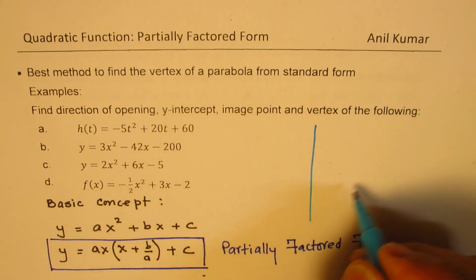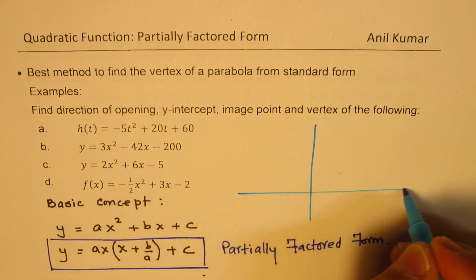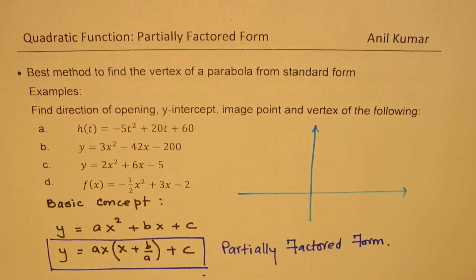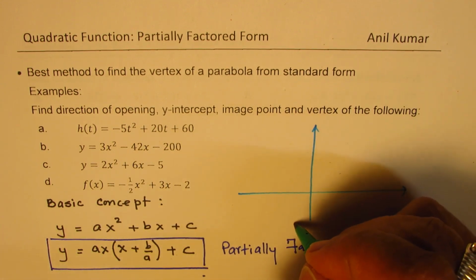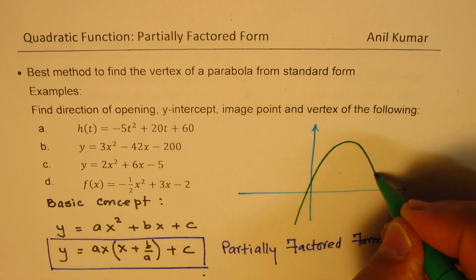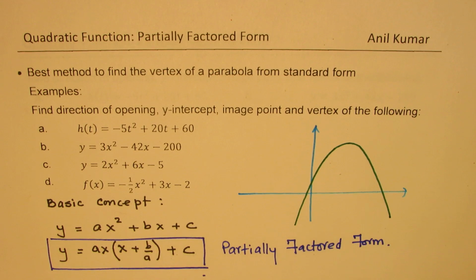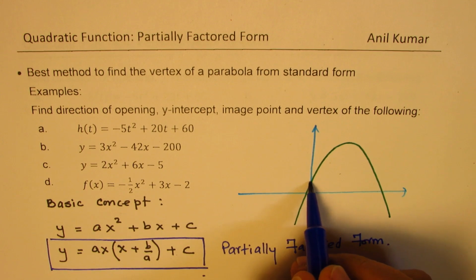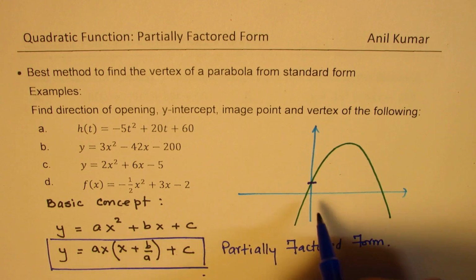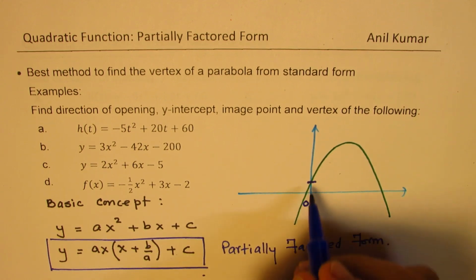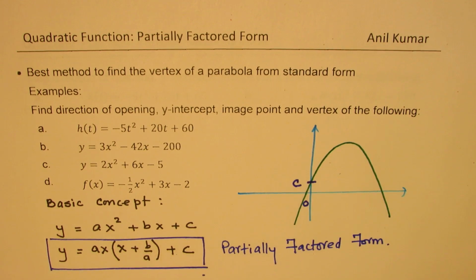Let me draw a parabola here, a general parabola, let us say opening downwards, represented by such an equation. Now, if you are given the factored form, then this point here will be represented by c. Do you see that? If x is 0, this point is c, correct?